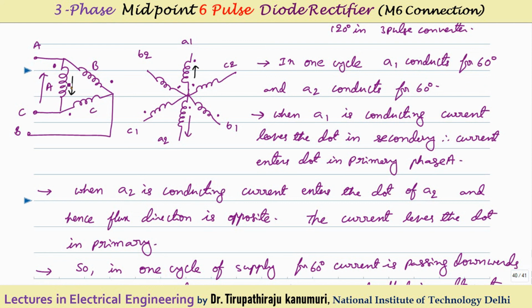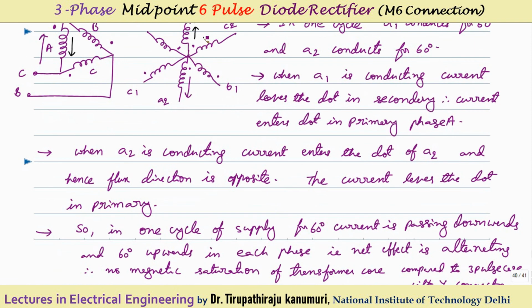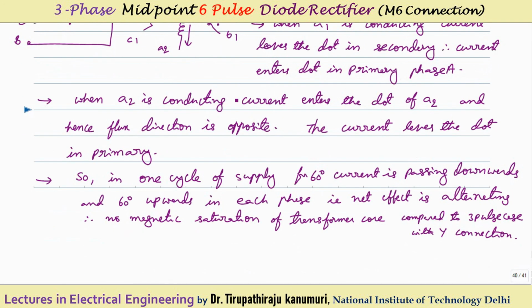Whereas in the case of the 3 pulse converter or star transformer, I have told you that the core goes into deep saturation. That is a disadvantage. To avoid that, we have to go for the zigzag star transformer connection. But in this case, the transformer will not have the effect of core saturation. When saturation of the core is not there, automatically iron losses will be less, and so the efficiency of your transformer will increase. So there is no need to take over precaution about the core design of the transformer.